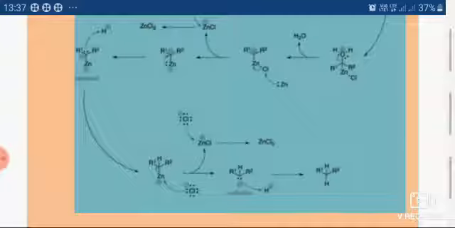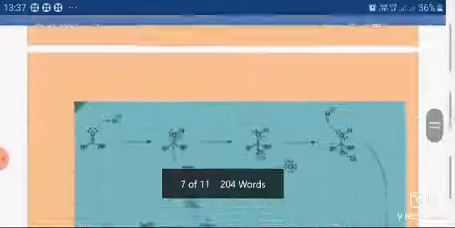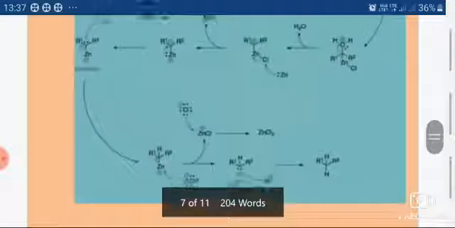Then the carbanion abstracts another proton to form a hydrocarbon group. This was the mechanism of the Clemmensen reaction.